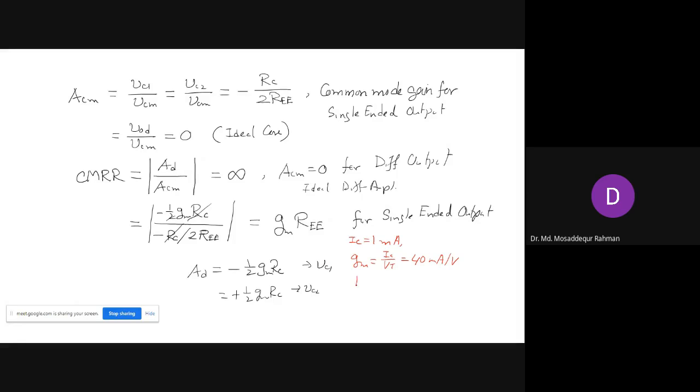And RE, if we assume a value, let's say about 100K. Then you see that your CMRR here is 40 times 100, that will be about 4,000. So that will be your CMRR for single node output. That's not that high. We said the CMRR is about 10^5 or 10^6, which is a good performance level for the differential pair. Here it is only 4,000.